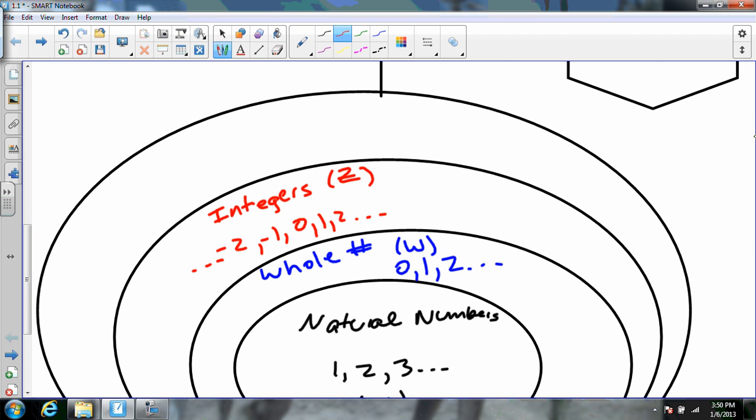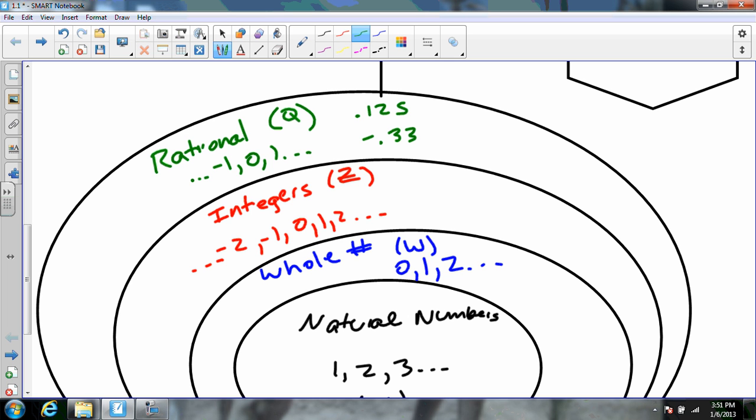After integers, there are rational numbers, and this is notated by Q. It includes your integers. It also includes decimals that end or repeat, as well as fractions.